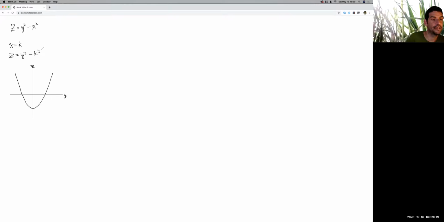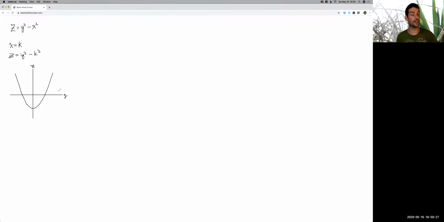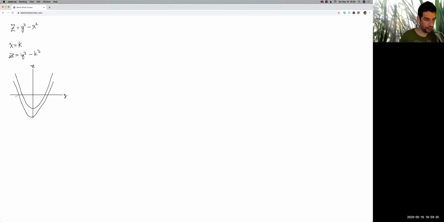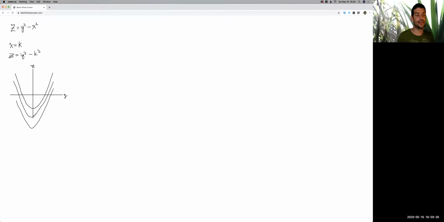And we've got a k squared, so it's always going to be a positive number below the, so we're taking a parabola and dipping it down below the in this case, y-axis, right? And depending on the value of k, as k gets larger, it's going to dip further and further down, right? A vertical shift. So that's like three traces I'm drawing for different values of k, right? Maybe down 2 and 3 and 4 and so forth, okay?